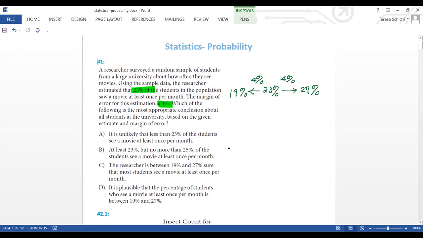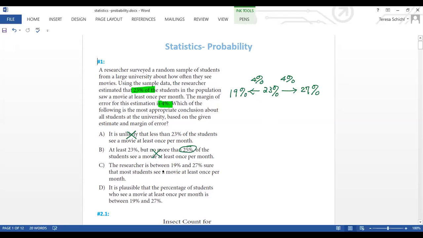So now let's take a look at which one is the correct answer. The first one says it is unlikely to be less than 23%. What do you mean, unlikely? No, right? The 23% is the center. Then, at least 23% but no more than 25% of the students? No, why is it 25?